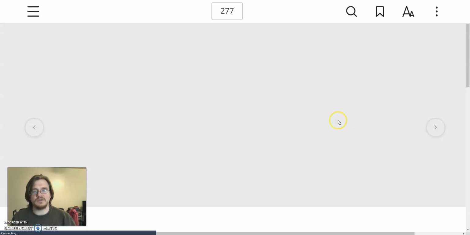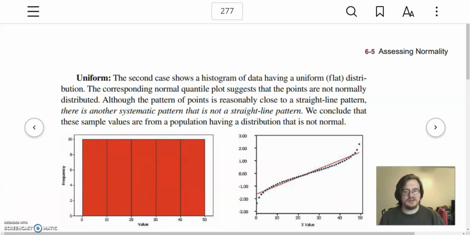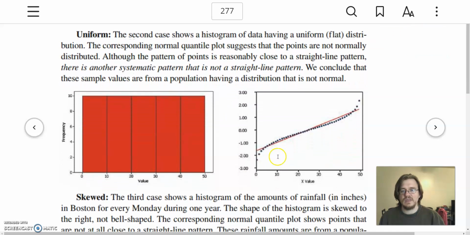So what happens if we look at things that are not normal? I'll move back to my side of the screen. In a uniform distribution, where all data values are equally likely, we will get this systematic wave in here.